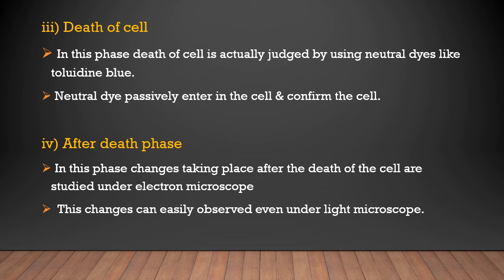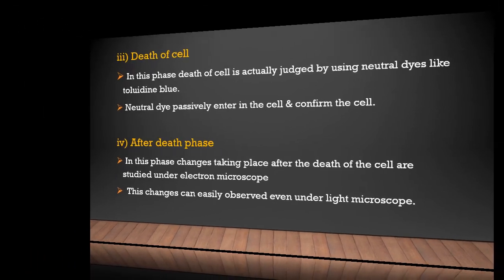These changes like pycnosis, karyolysis and karyorrhexis are also seen in electron microscopy. But electron microscopy is preferred over light microscopy because it detects the actual phase of cell death. These are the nuclear changes.